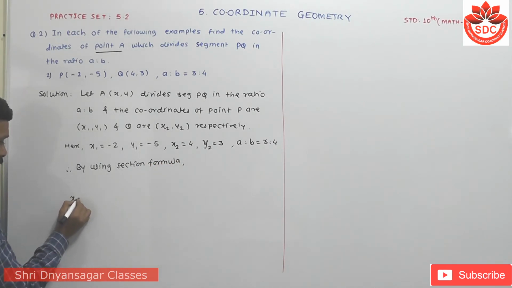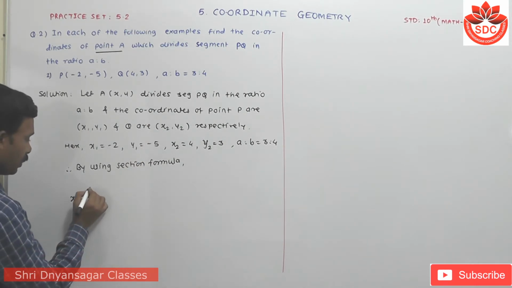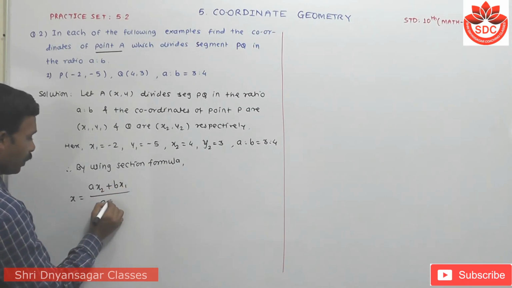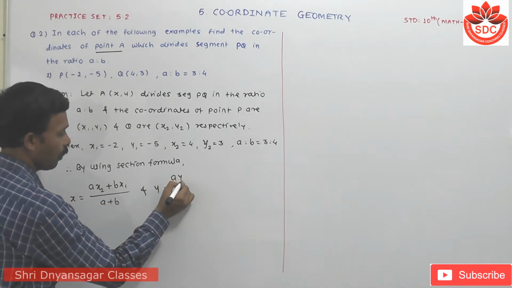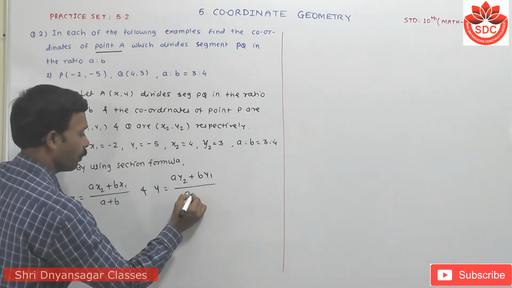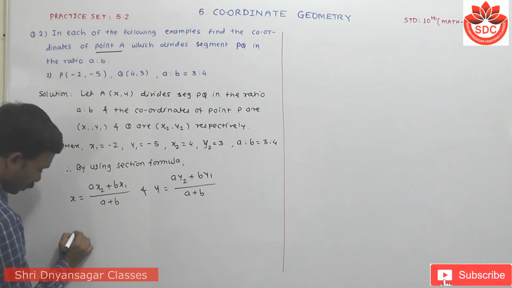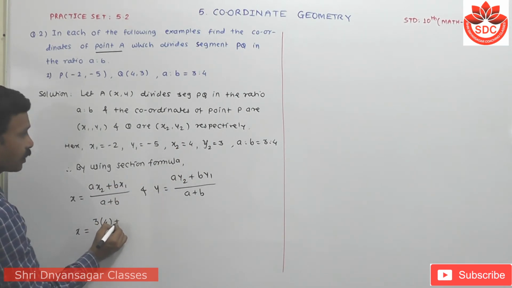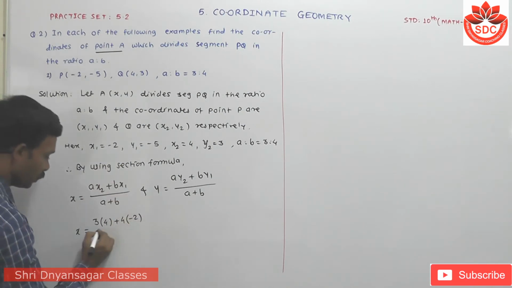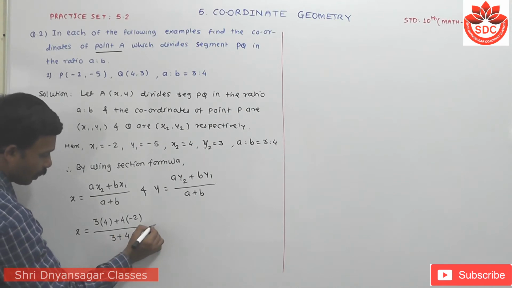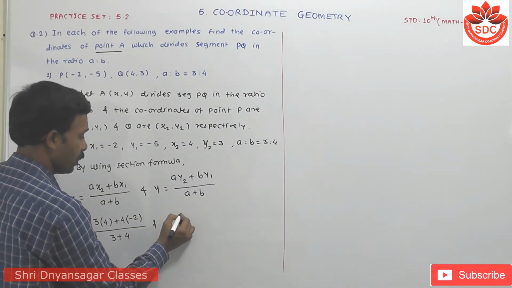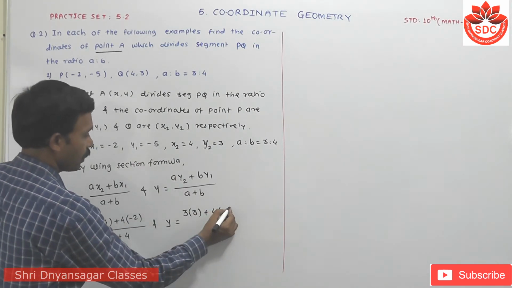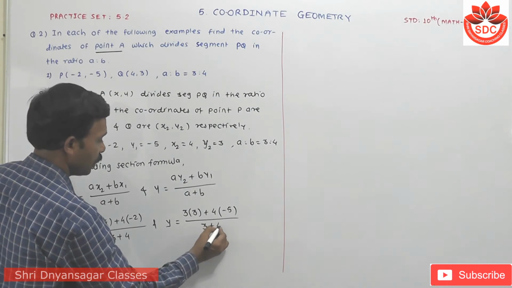now this formula by using the ratio a to b is ax2 plus bx1, and so on, with a as 3 and b as 4.